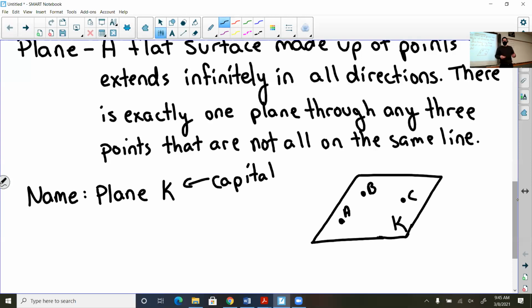So since there are 3 points on the plane, I can also call it by those points. So I can also call this plane A, B, C, because those are the 3 points that are on there. What's kind of nice about this is that the letters can be in any order.